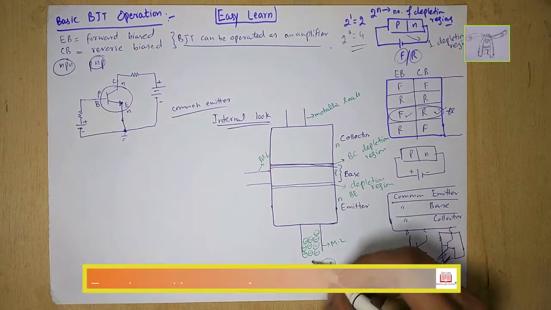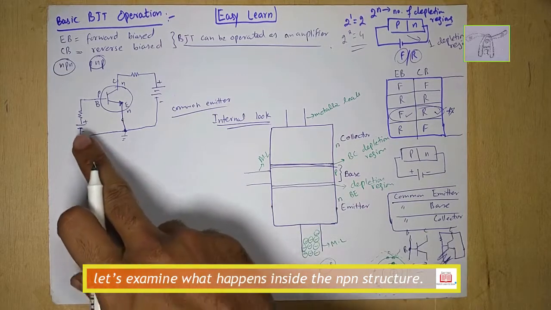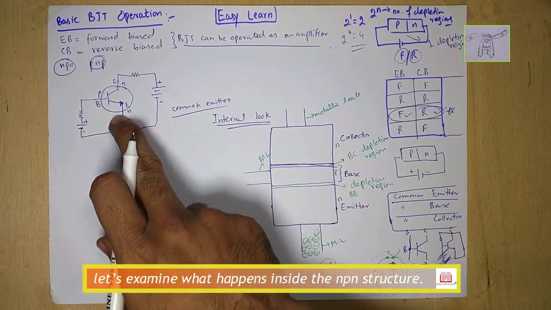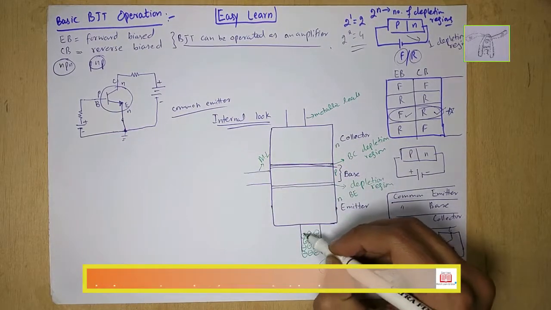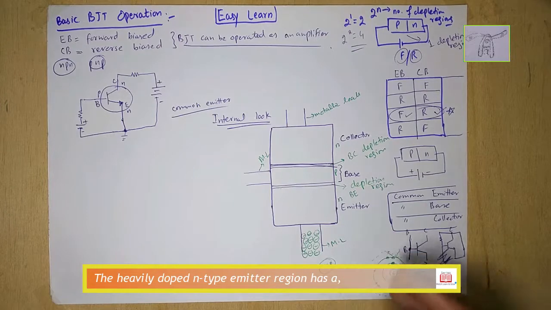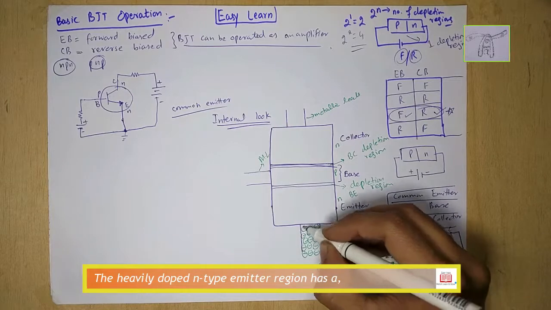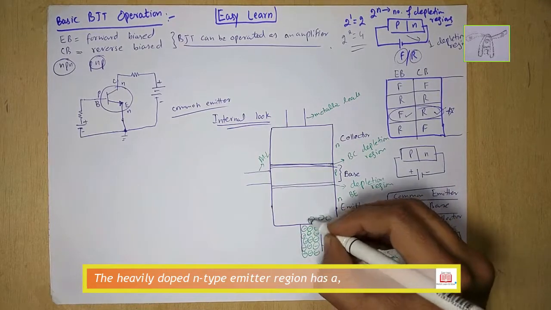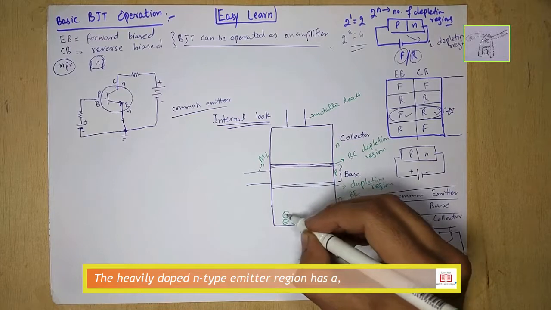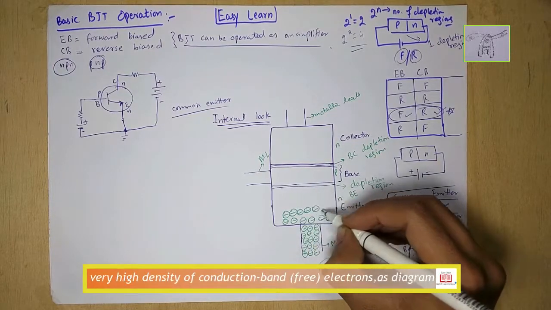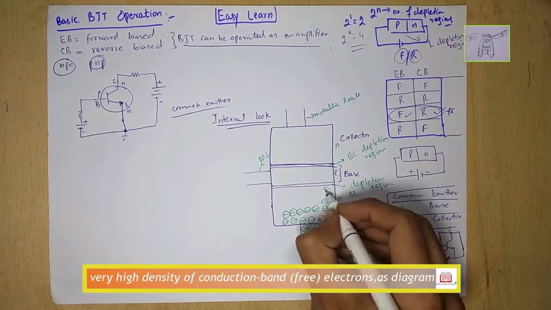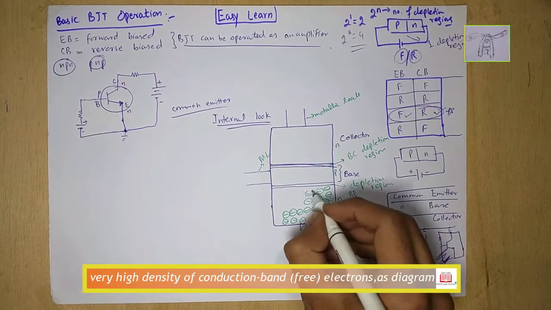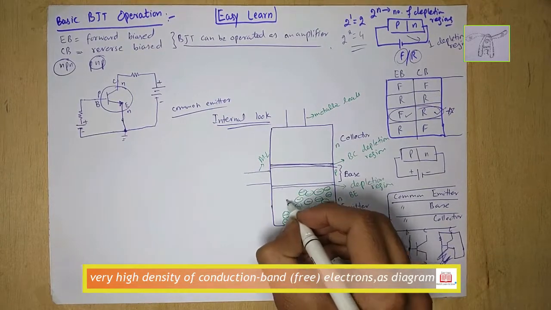Negative repels, so there is a push of the electrons, because from the back side the negative charge continuously pushes these electrons to move upward. There are too many electrons over here, for example, these are all electrons, and this region is enriched with conduction band electrons.